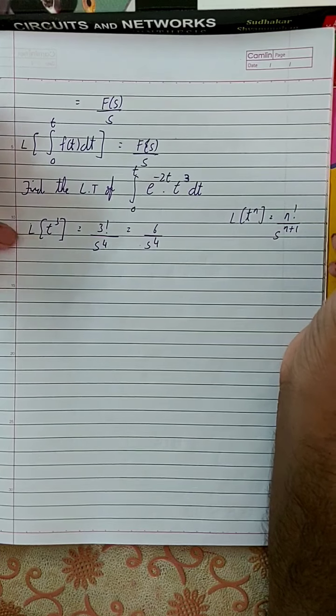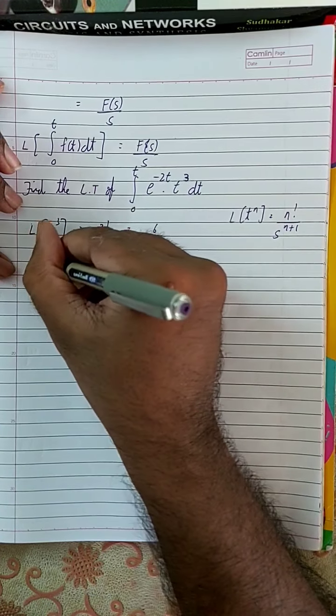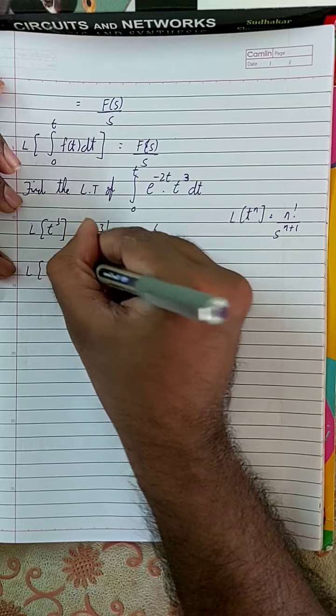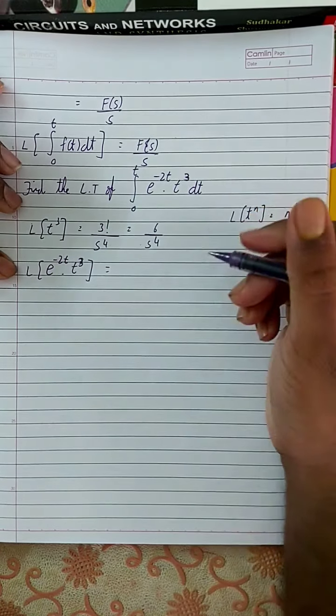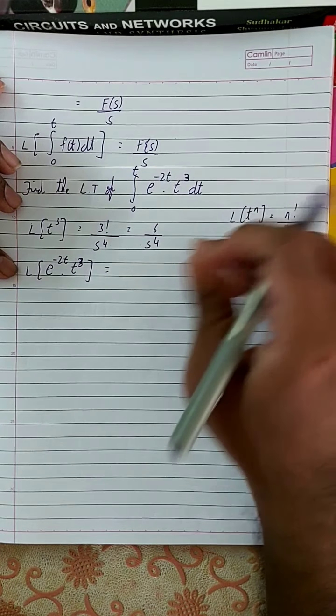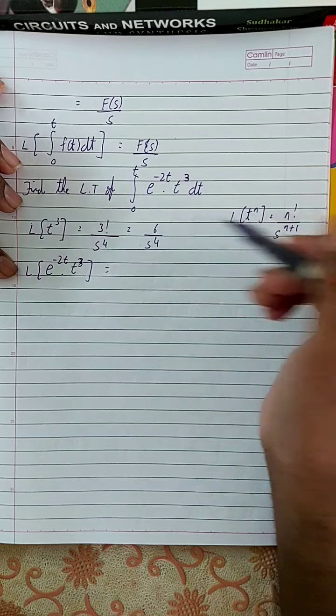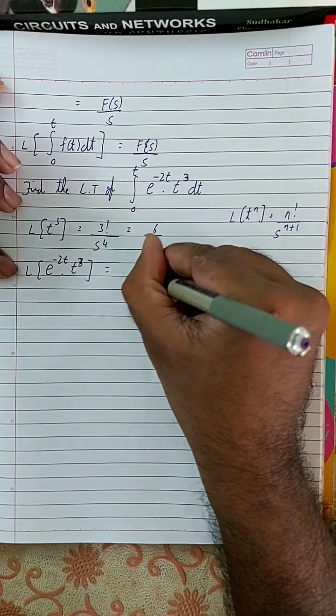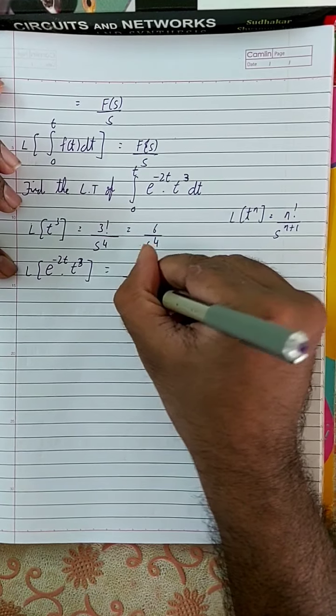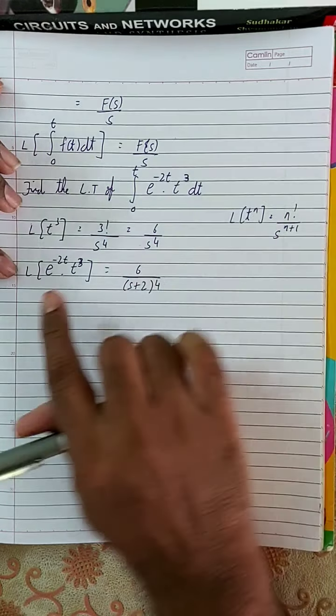Now in that case, what is the Laplace transform of e raised to minus 2t into t cube? Now you are applying the frequency shifting theorem. It simply shifts the value of s, or replaces s with s plus 2. So this is nothing but 6 by s plus 2 the whole raised to 4. This is the Laplace transform of this.